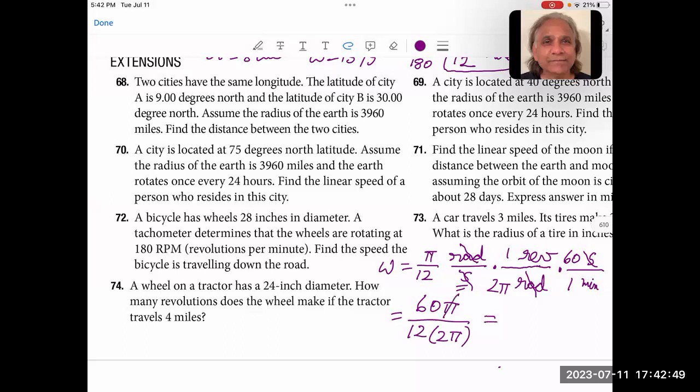The pi's cancel out. And 12 times 5 is 60. So you're left with 5 halves or 2.5 RPM, 2.5 revolutions per minute. So that is the end of 7.1.